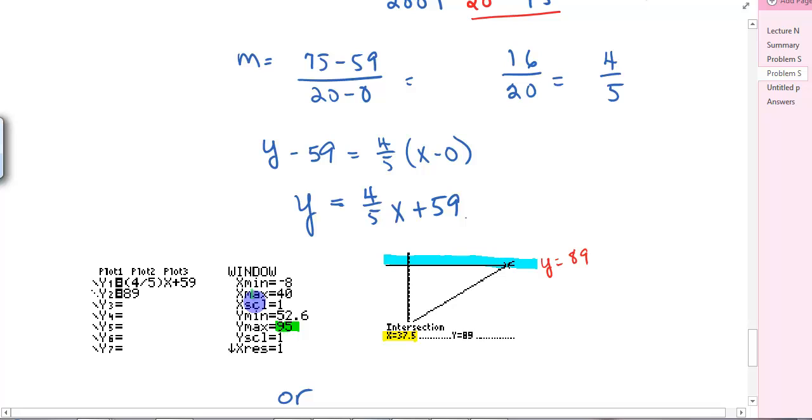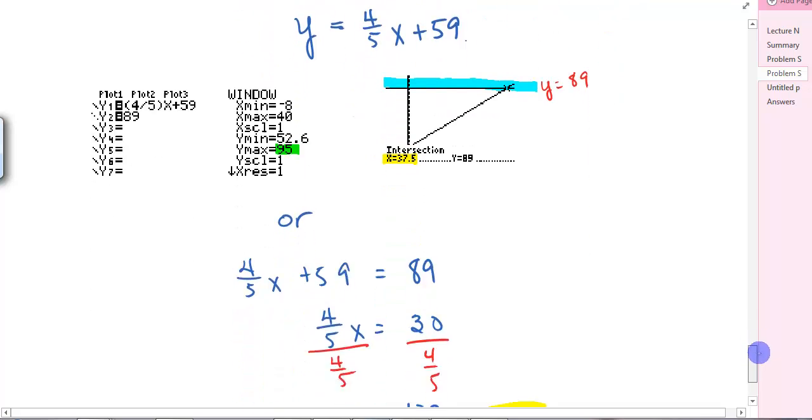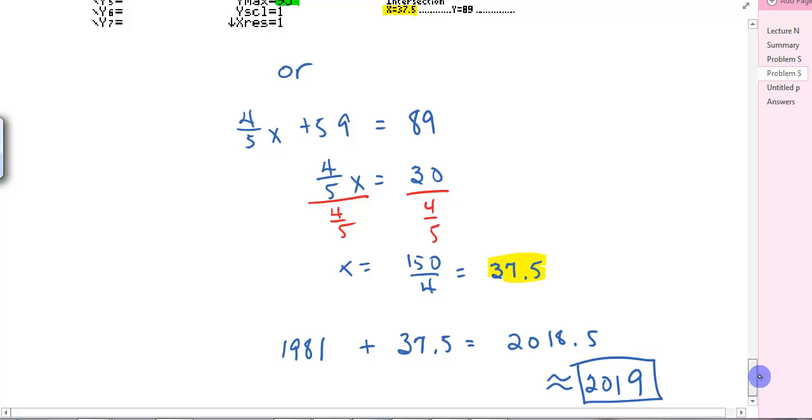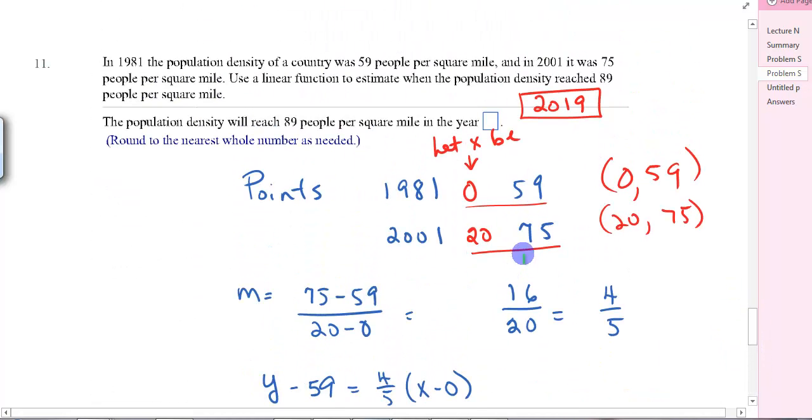And you may have to change your x max to be over far enough to see this intersection. When you find the intersection, it's 37.5. Or you could just set the two equal to each other, y1 equal to y2, and solve it symbolically like that.